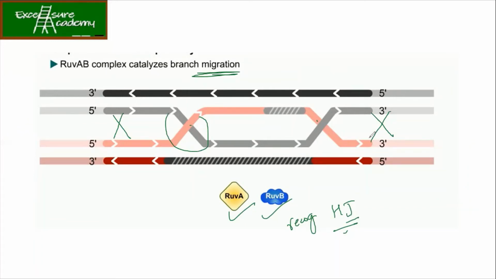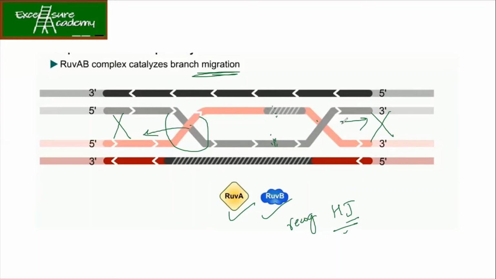Now, why do you think this is important? Because as they migrate, the chances of having more recombination become high. Otherwise, only this much sharing would happen, and the chances of sharing or recombination are less. If this branch point goes this way and that branch point goes that way, the amount of recombinant formed will be more.